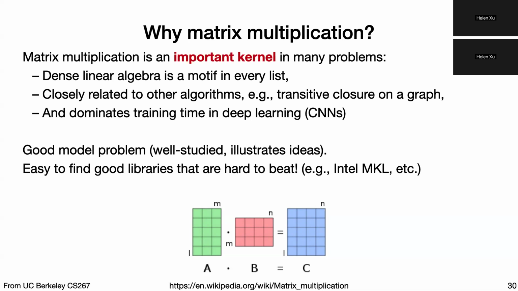You have to do a lot of dense matrix multiplication. It's also a nice model problem in that it is well studied. We know a lot about dense matrix multiplication, and there are a lot of good libraries out there to implement it. The baselines are pretty hard to beat because they've been highly optimized. People have been spending a lot of time and resources optimizing matrix multiplication.